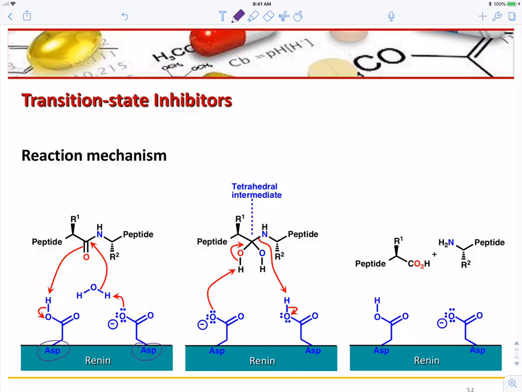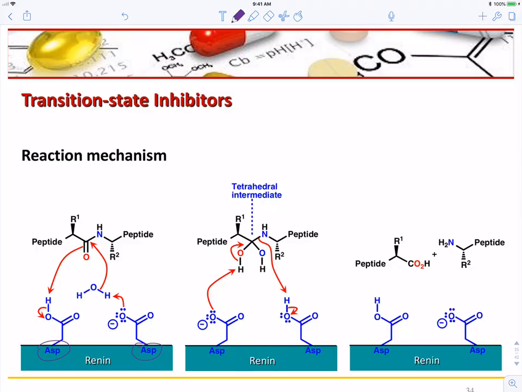What happens is that the protein, the substrate, binds in the active site and basically reacts with the molecule of water present in the active site, which is activated by the aspartate present in the active site.